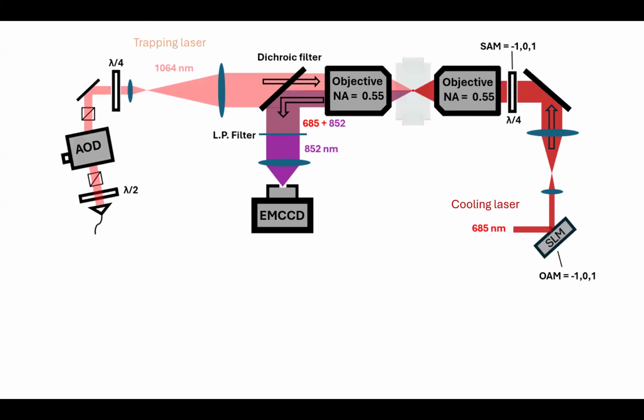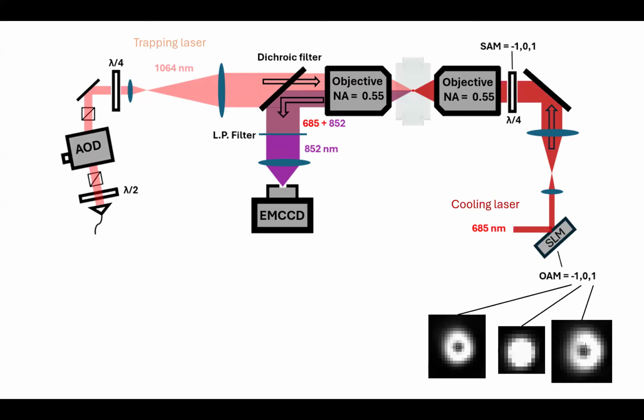Like the focus of this beam is tenths of microns, on the atom plane. Our tweezer is like a micron. So about both sides around it, tenths of microns is our beam size.